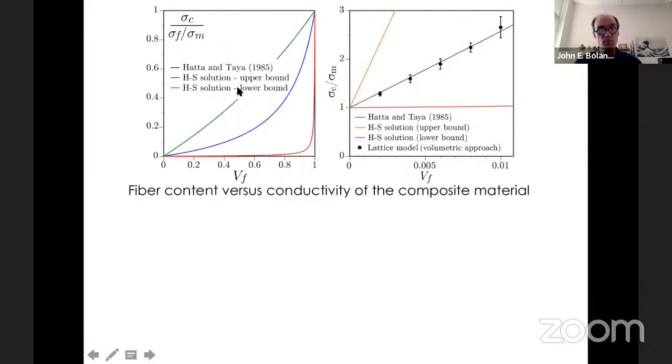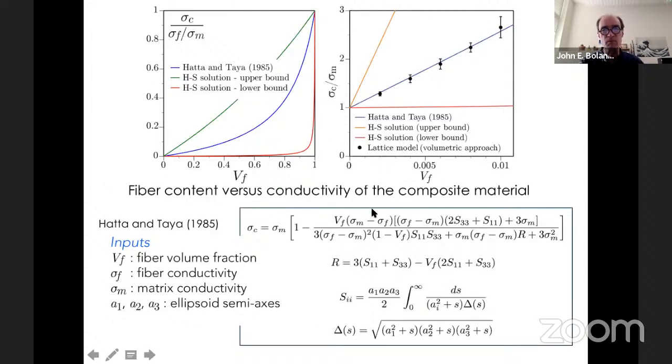And more accurately, we're comparing with the work of Hatta and Taya, who used Eshelby's equivalent inclusion method for elasticity problems, and then mapped it over to the potential flow calculations.